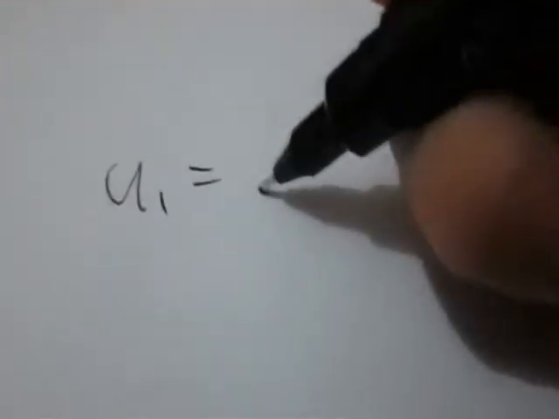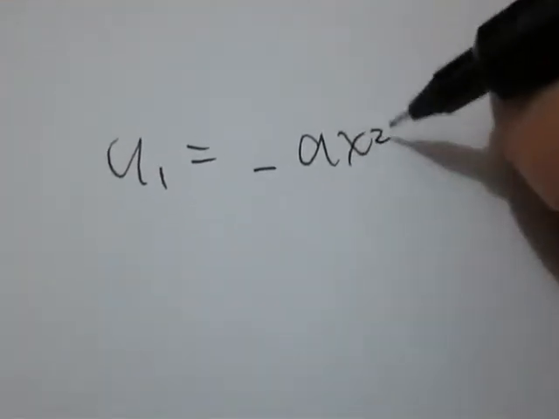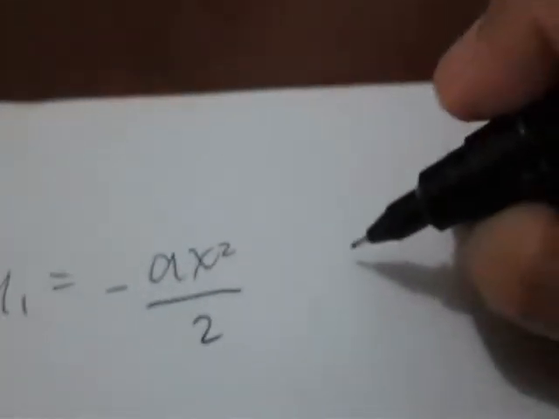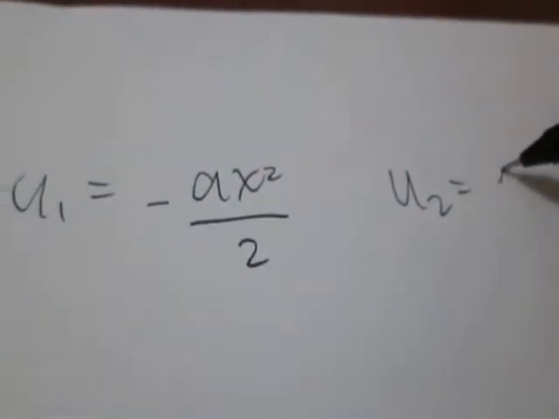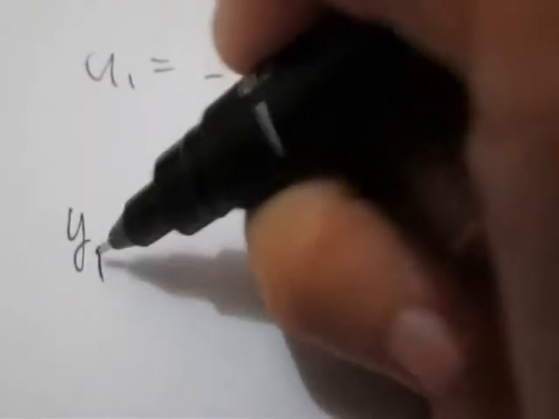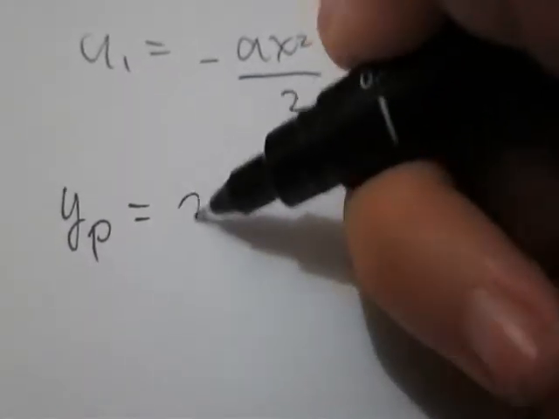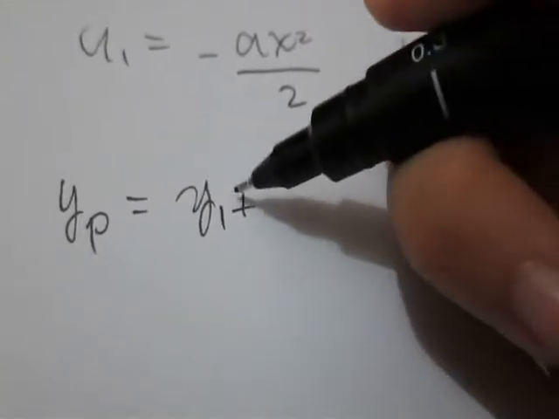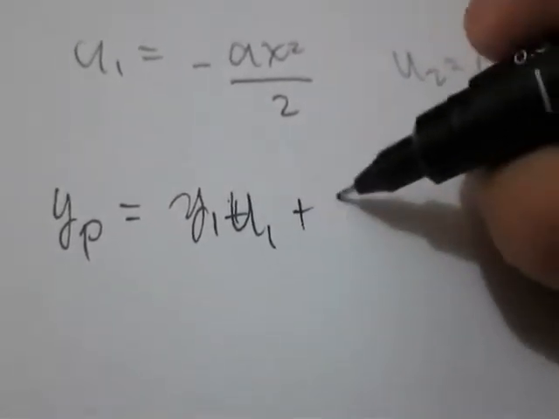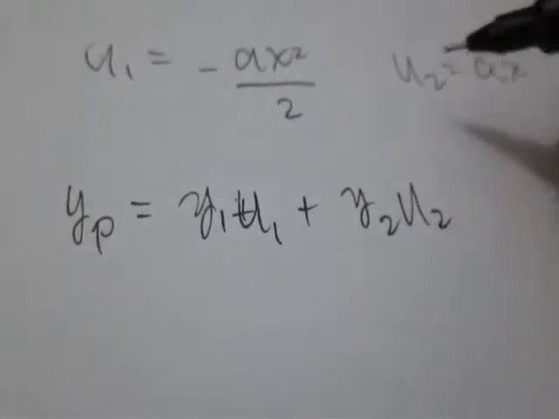We have now our u1, which is equal to negative ax squared over 2, and our u2, which is equal to ax, and we have our particular integral, which is equal to y1 u1 plus y2 u2.